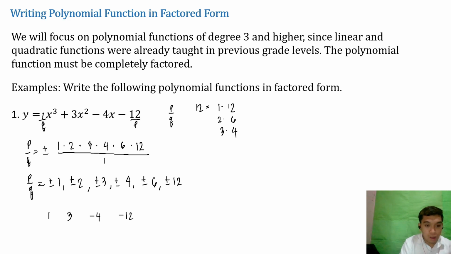Then, let's use 1 as our divisor. Itong 1. So, bring down 1. 1 times 1 is 1. Then, 3 plus 1 is 4. Then, 4 times 1 is 4. Negative 4 plus 4 is 0. 0 times 1 is 0.